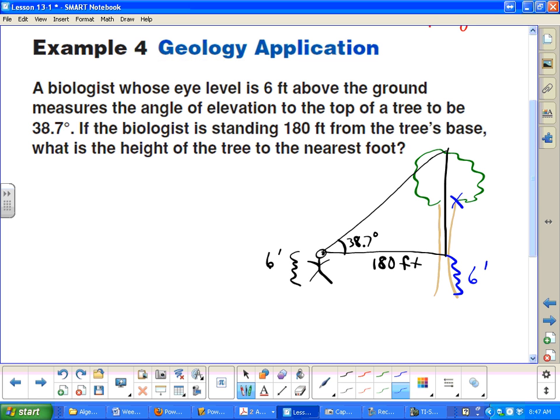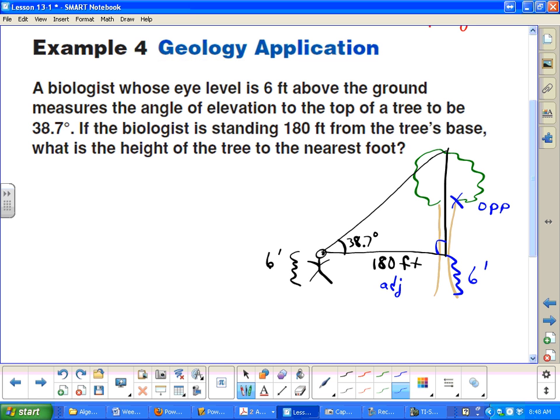So if we look at the triangle then, here's my angle at 38.7 degrees. This horizontal side of that triangle helps form the angle of 38.7 degrees, so this is the adjacent side. And the part that gives me most of the height of the tree is the opposite, because it's across from that angle. The one thing we don't know, and we don't care in this case, is the hypotenuse.